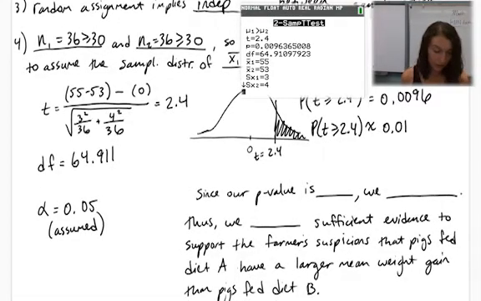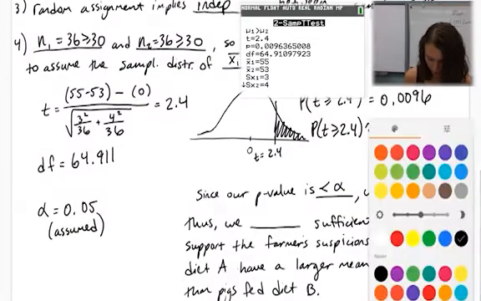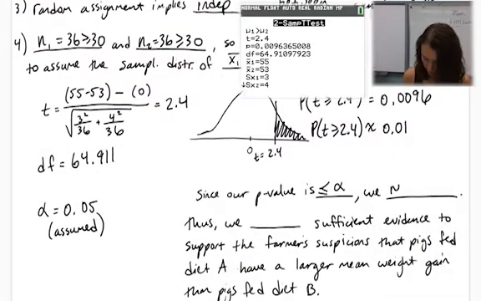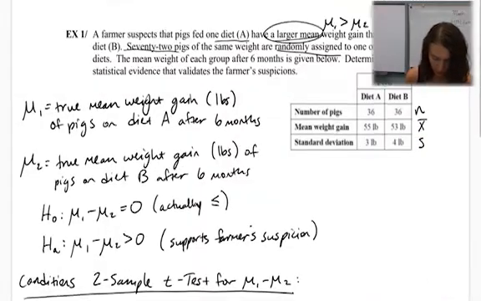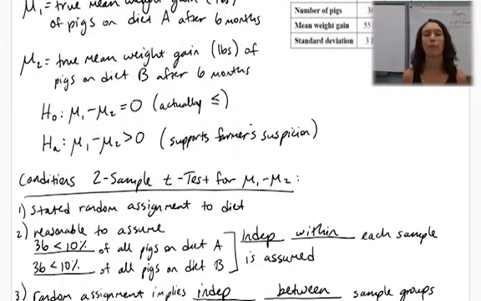All right, so in conclusion, since our p-value is less than or equal to alpha, we reject H naught. So if we're rejecting H naught, go back up and look at what H naught was, and this is why when I write my hypothesis statements, I always write in parentheses which one supports the claim.